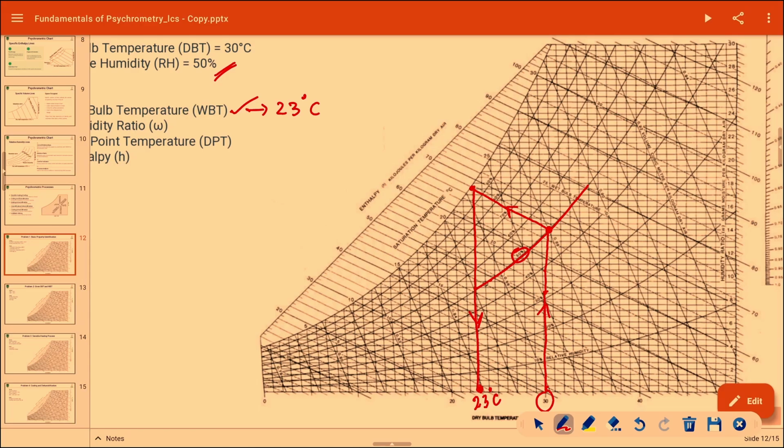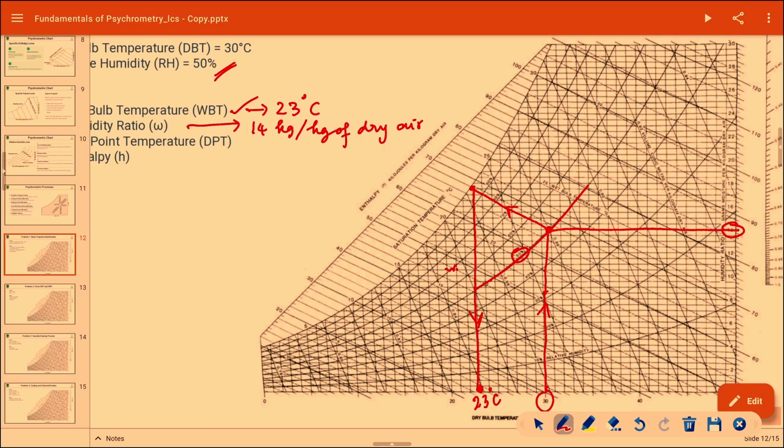And humidity ratio. How to find out the humidity ratio? Just draw a horizontal line towards the right. On the y axis we have the humidity ratio of 14, right, straight away got 14. What is the unit? Kilogram per kilogram of dry air, right. So how to find out the dew point temperature?